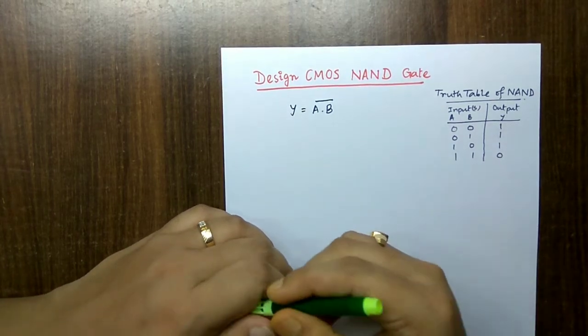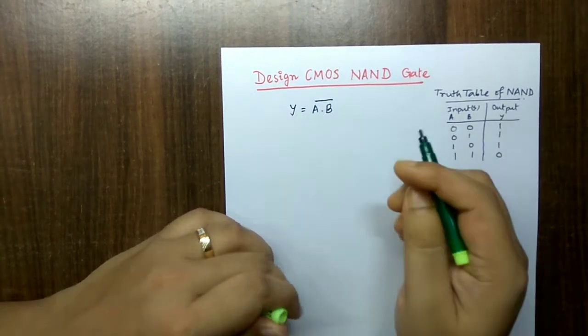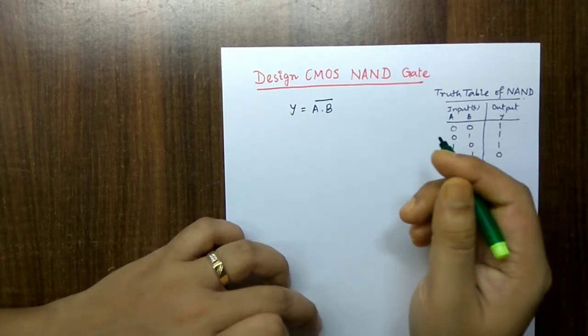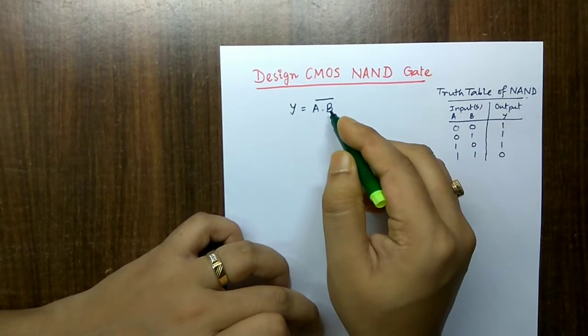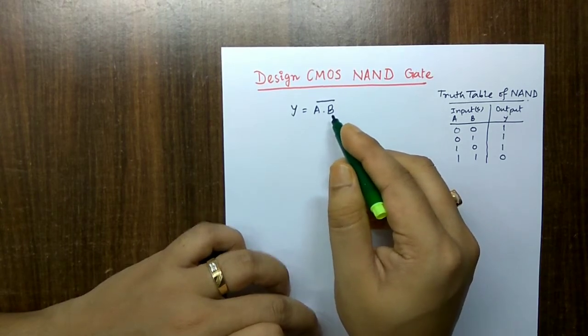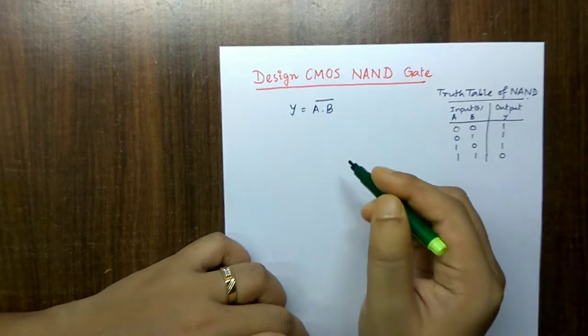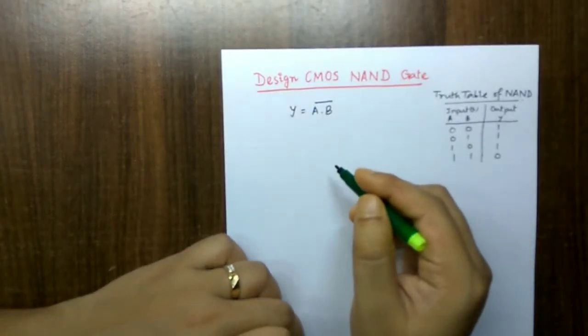The pull up network comprises PMOSes and the pull down network comprises NMOSes. Let us first draw this NAND gate using MOS, that is metal oxide semiconductor field effect transistors.